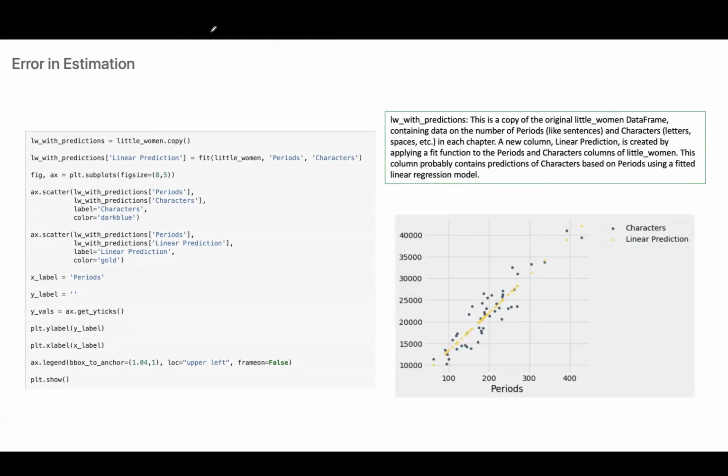Little Women with prediction. This is a copy of the original Little Women containing the data on the number of periods and the characters. We're looking at the scatter plot for the periods and the characters, and basically we have the linear prediction.